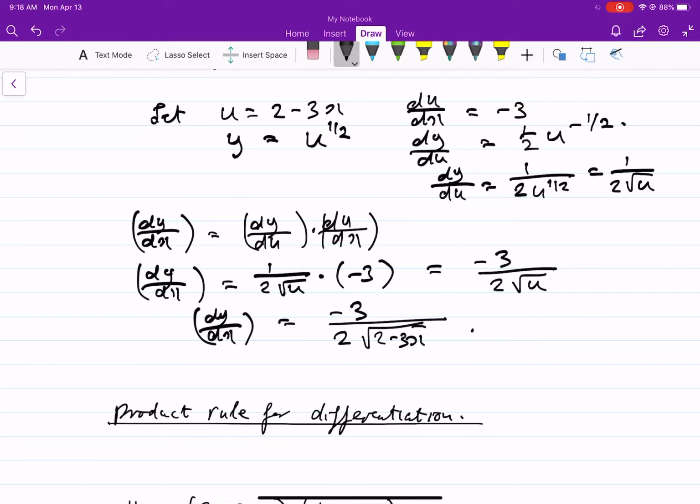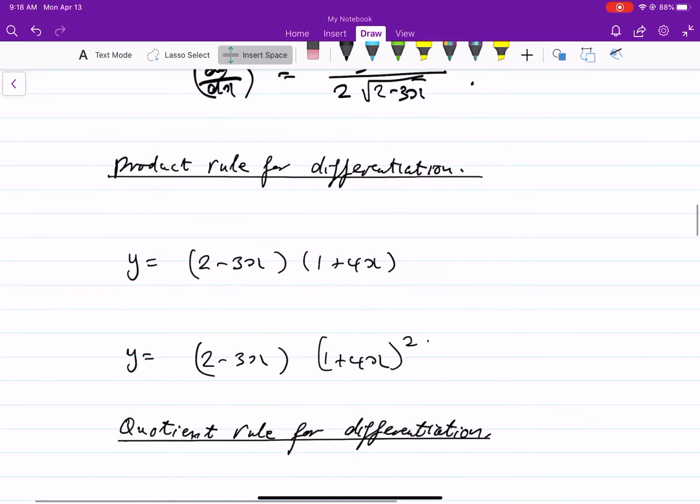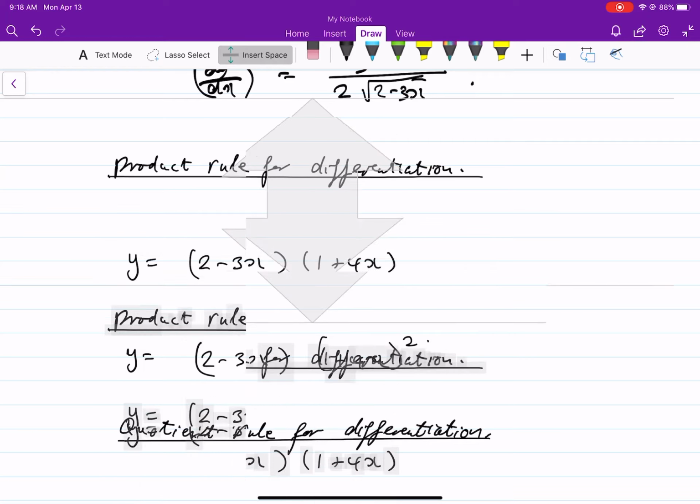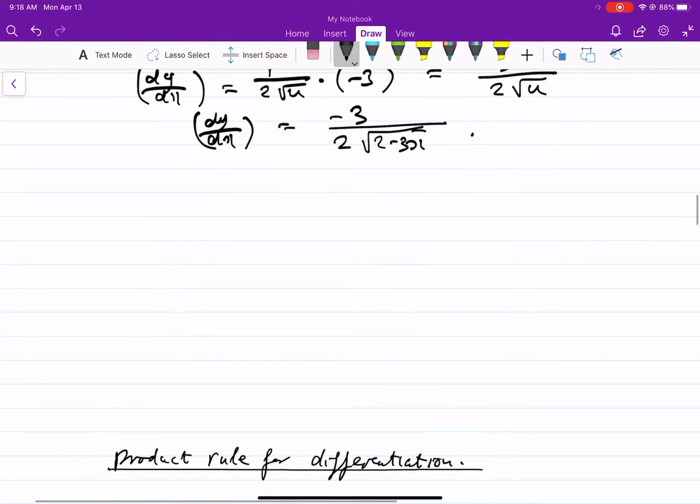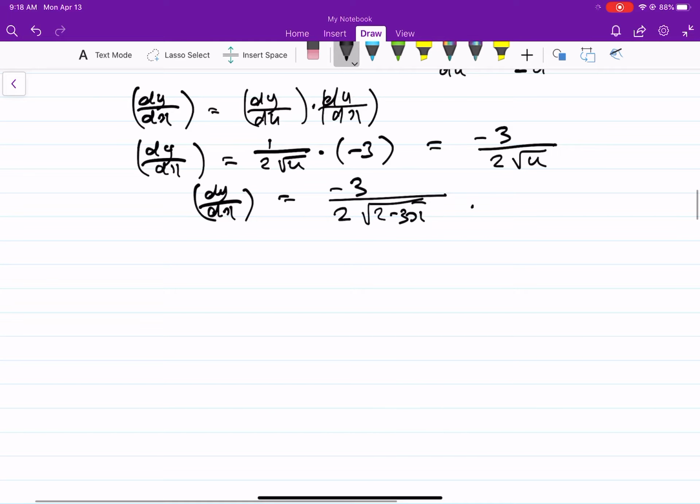The second way to differentiate that using the chain rule is to, let's see, y is equal to the root of 2 minus 3x, which is 2 minus 3x to the half. Clearly, y is written in the form f of x to the n.